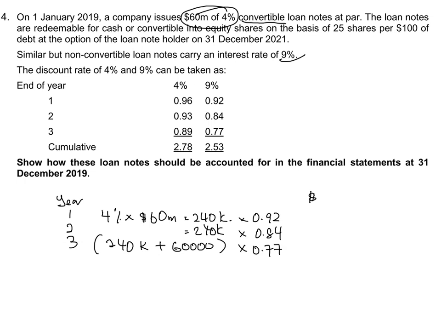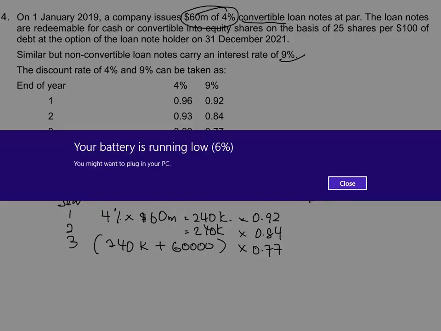What's the double entry to record this 60 million? Debit bank. Credit my 4% loan, and credit equity option.